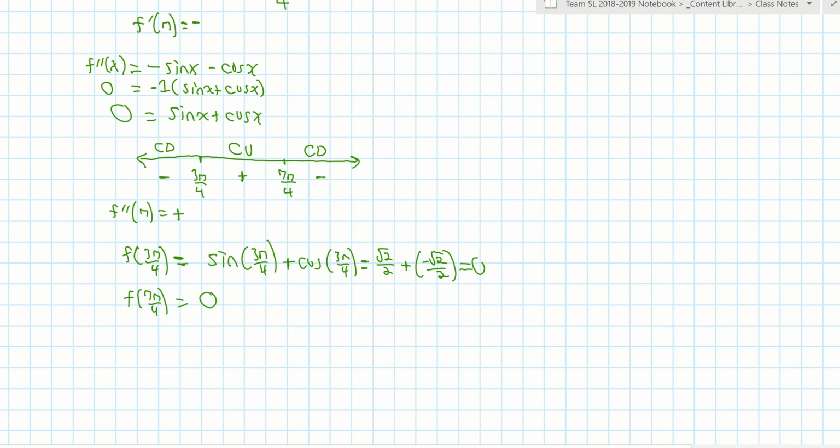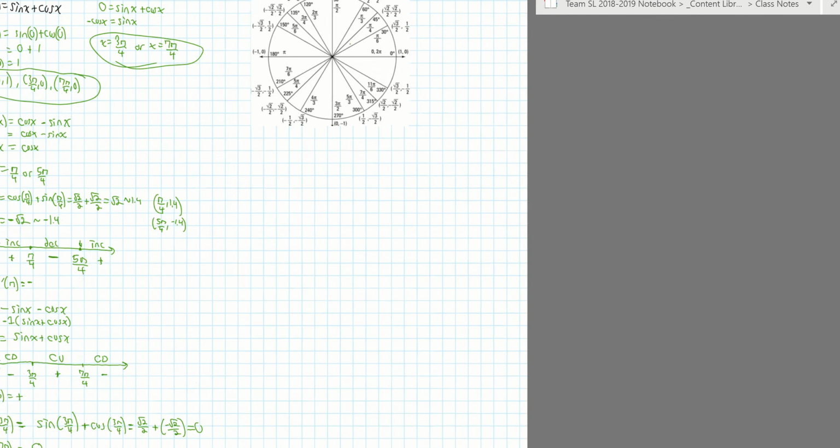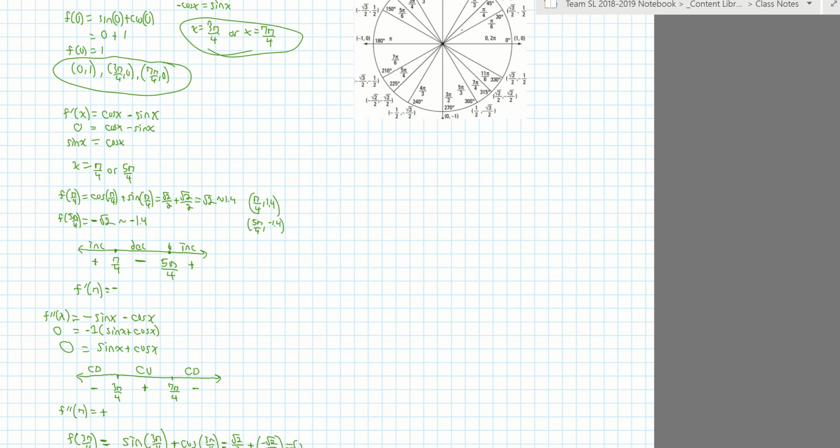So now we put it all together. Just to help out with this example, I'm going to write everything in one place. Here are my intercepts: 0, 1, 3 pi over 4, 0, and finally 7 pi over 4, 0. Then I'm going to write my extrema.